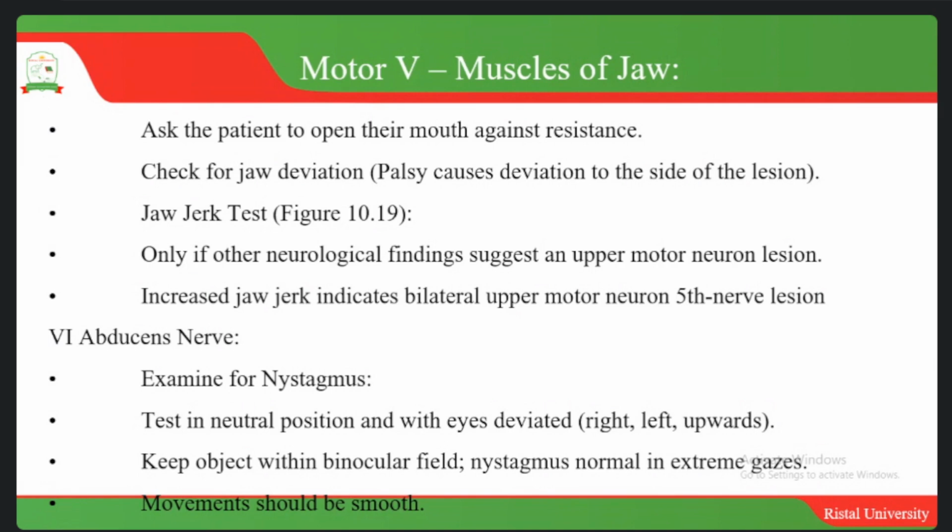The jaw jerk test can be done only if other neurological findings suggest an upper motor neuron lesion. Increased jaw jerk indicates a bilateral upper motor neuron lesion of the fifth nerve. When these nerves are affected, they always cause a certain kind of condition. So when you assess your patient and you see that the patient has this problem, then you know that it is that nerve that has a problem that has caused that condition.